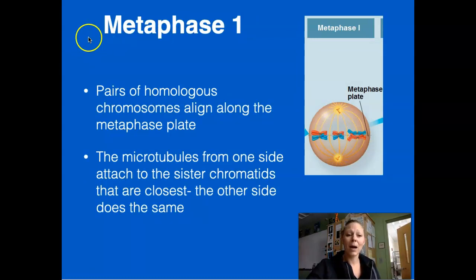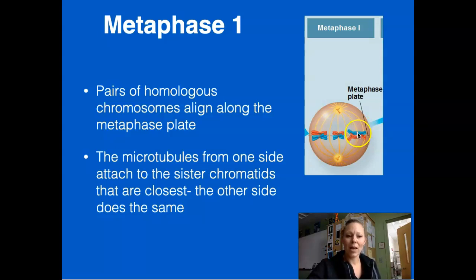And so now during metaphase, think metaphase, middle, our homologous chromosomes are going to line up along the metaphase plate. We can see here that our homologs, 1 from mom, 1 from dad, are lining up. Remember, there's going to be about 23 deep, and they are going to be on different sides.